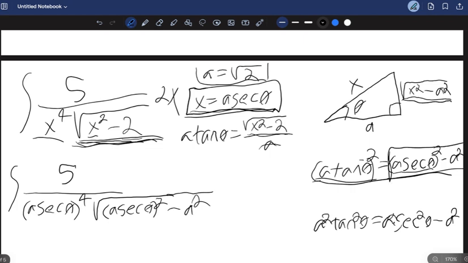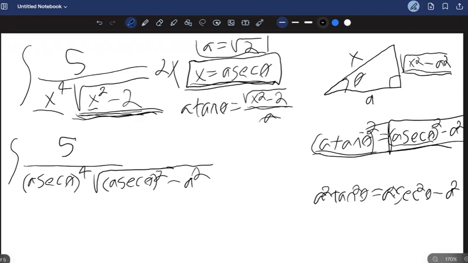And so we take the square root, which is another way of finding that the radical is equal to a tan theta. If you factor out the a squared under the radical, then you can use secant squared minus 1 to find the substitution of the tangent.